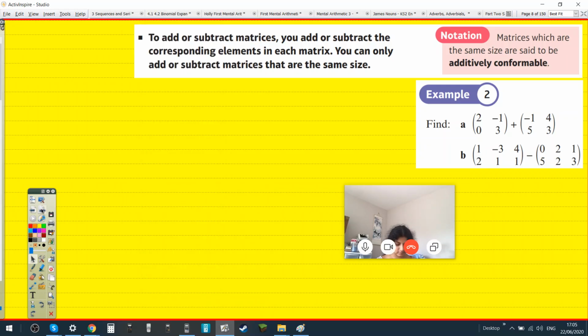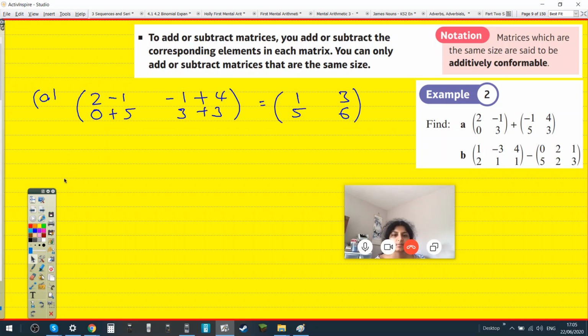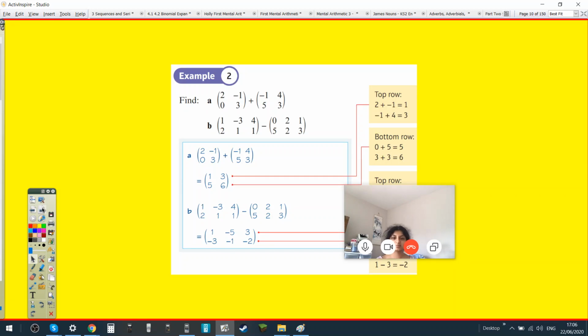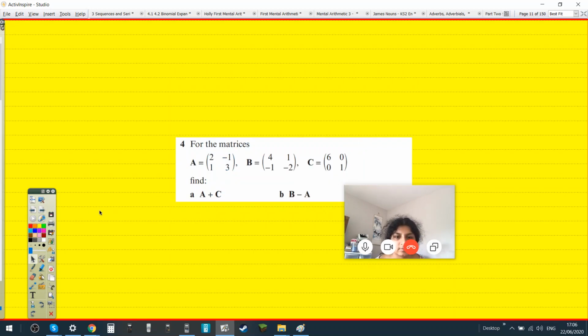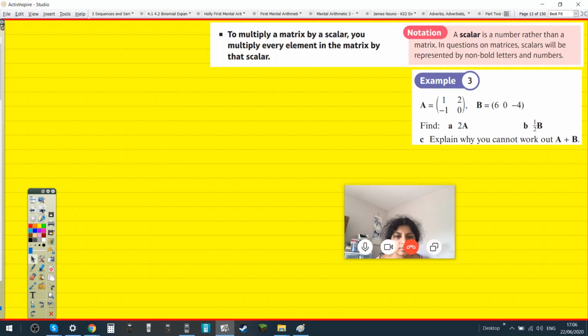I'm just practicing it now because later you'll need to use the calculator for trickier stuff. I got it. It says 1, 3, 5, 6. Yeah, that's it. Okay, grand. Those, you're going to be fine.